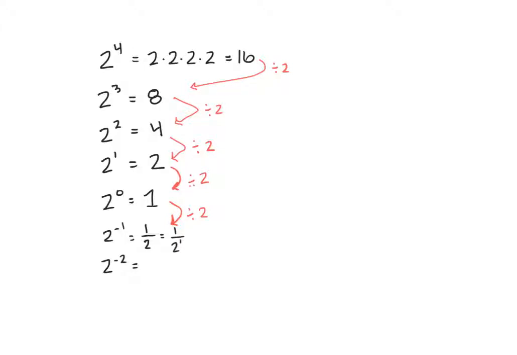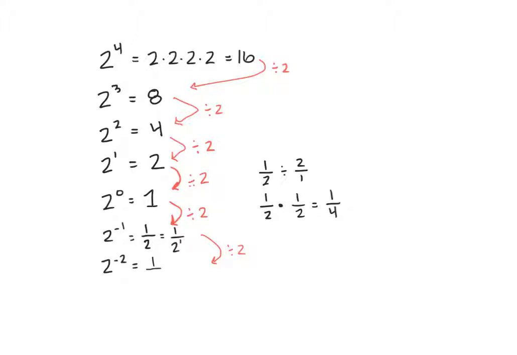Now if we continue this pattern and again divide by 2, and I can show you over here, 1/2 divided by 2, or you could think about that as 1/2 divided by 2 over 1. We know with our fraction rules that we can change this to being multiplication by multiplying by the reciprocal, and that gives me 1/4.